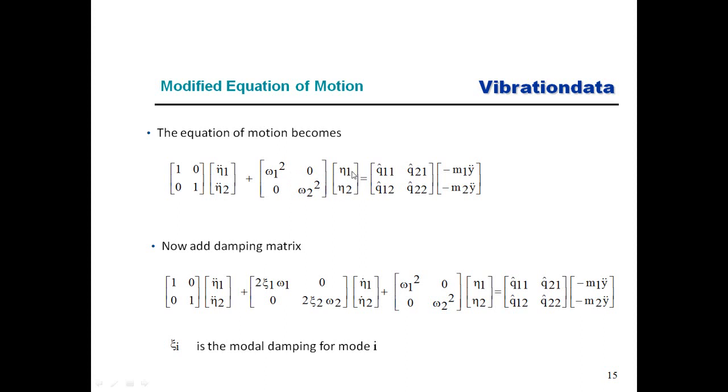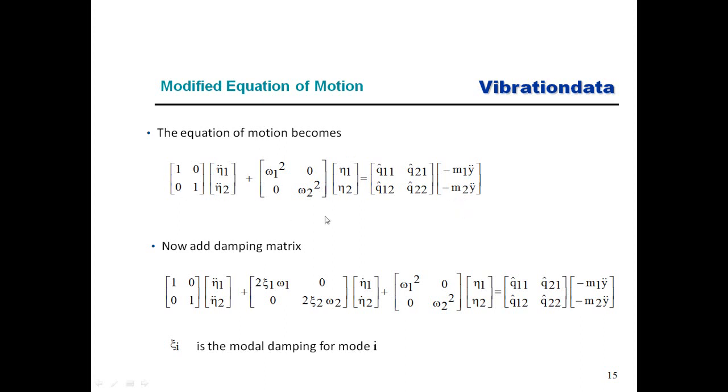And here we have our modal displacement vector. Then this is equal to our eigenvector matrix. And here we have our base excitation functions. And since this is mass times acceleration in each case, we're just going to call this a force.